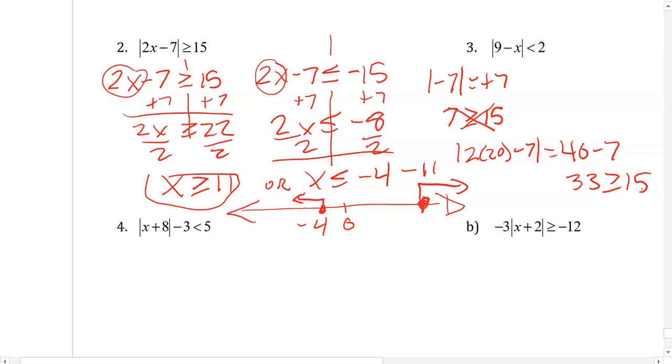And on the negative side, let's say we take negative 5. The absolute value, 2 times negative 5 is negative 10, and then I would subtract 7. So this would give me negative 17, and the absolute value of negative 17 is positive 17, and positive 17 is greater than 15. So that is also a solution. That's how you can check your work.